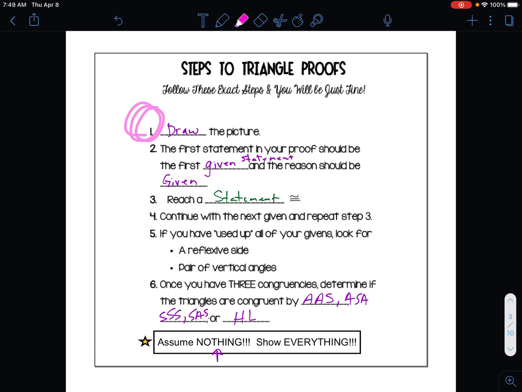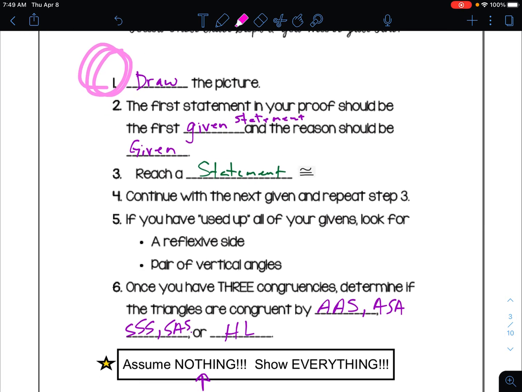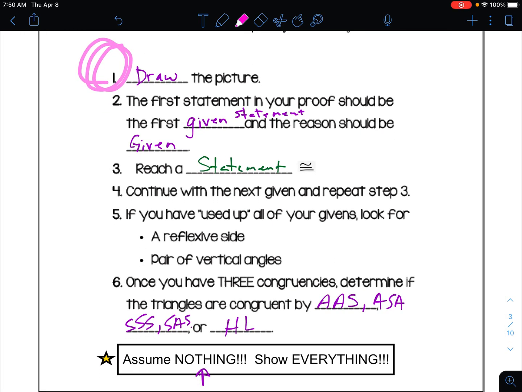So I like to be right here. Number 1 to me is sprinkled in with all of it: draw the picture, mark up the picture with the given information, with the stuff that you know, but always have a reason why. And then the rest of the way through here is just having you write the statement, like put the givens first.